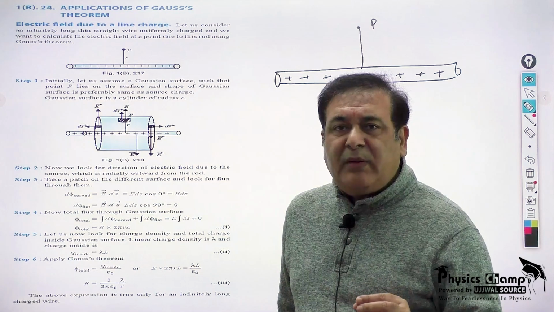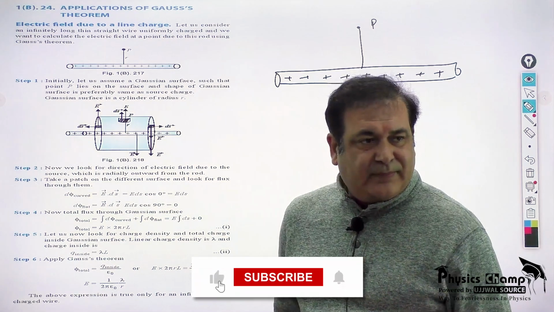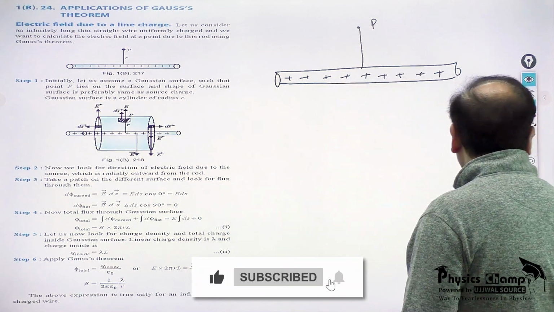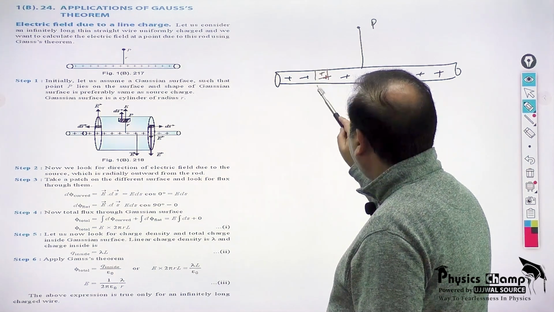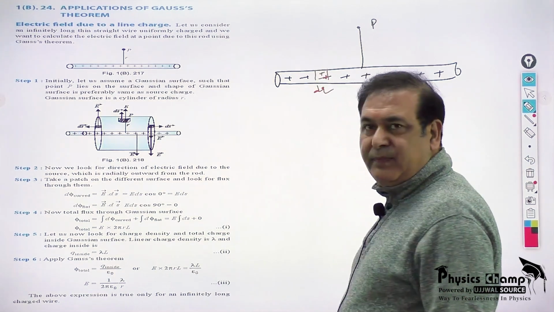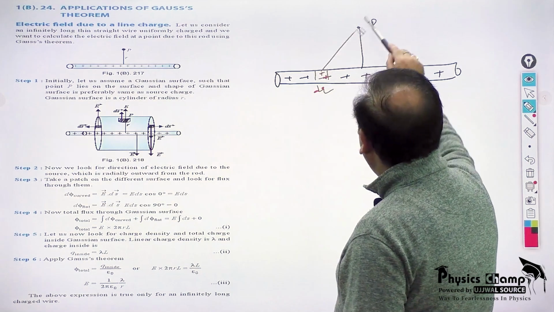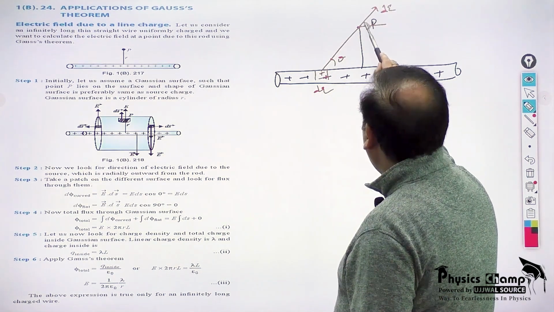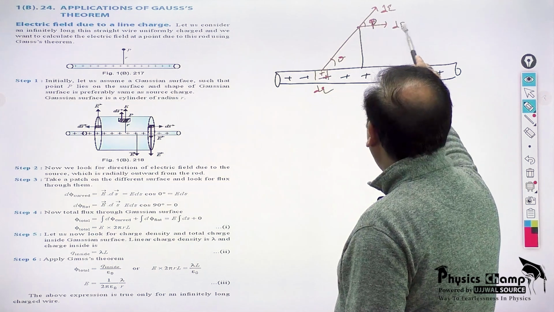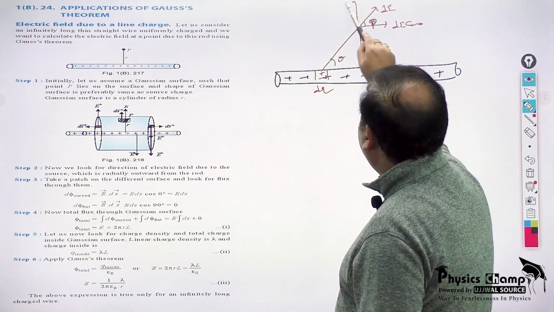Now, one option is superposition principle. There, the method would be that I will take a small portion here. Maybe it has a charge dq. And due to this, we'll find electric field here, say dE. So dE will have two components, dE cos theta and dE sin theta.